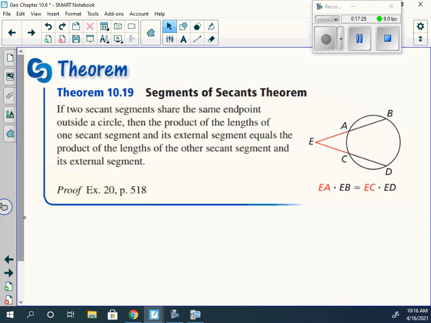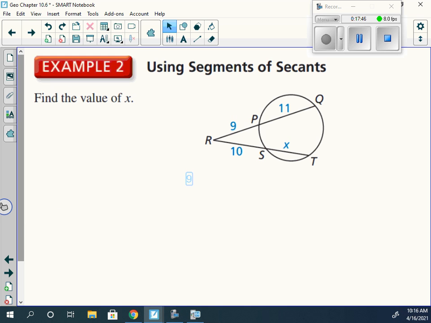So we have these two secant segments, and we're taking the whole line times the part outside is equal to the other entire line times the part outside. Whole line times outside, whole line times outside are going to be equal. So when we look at this here, we're again dealing with products.